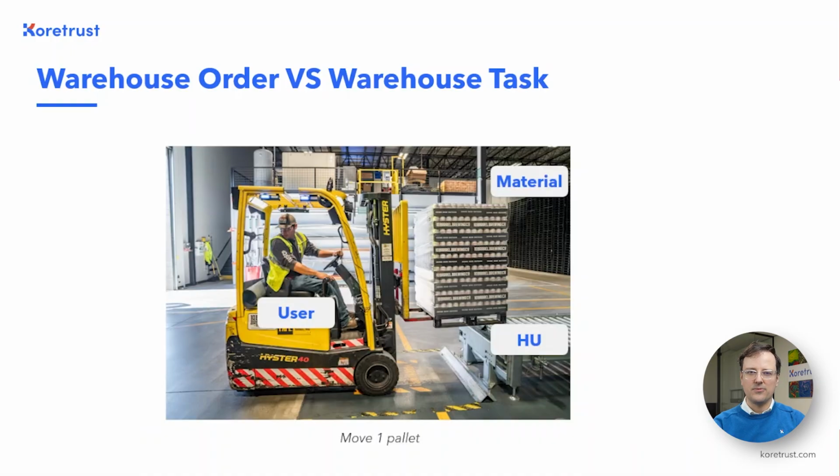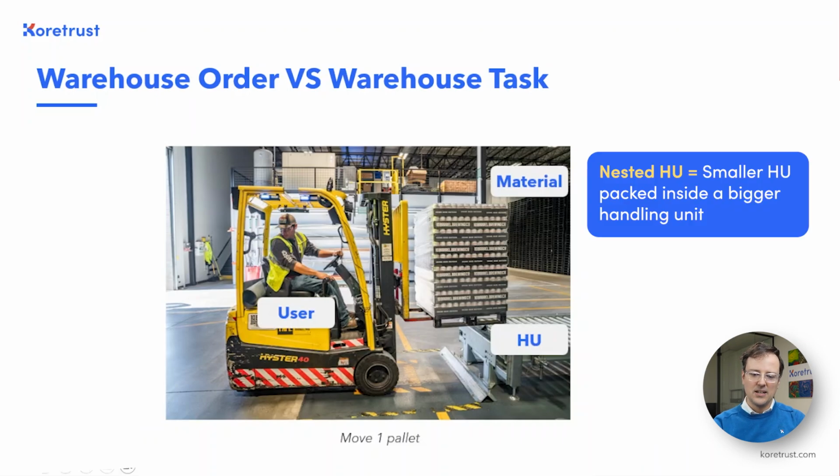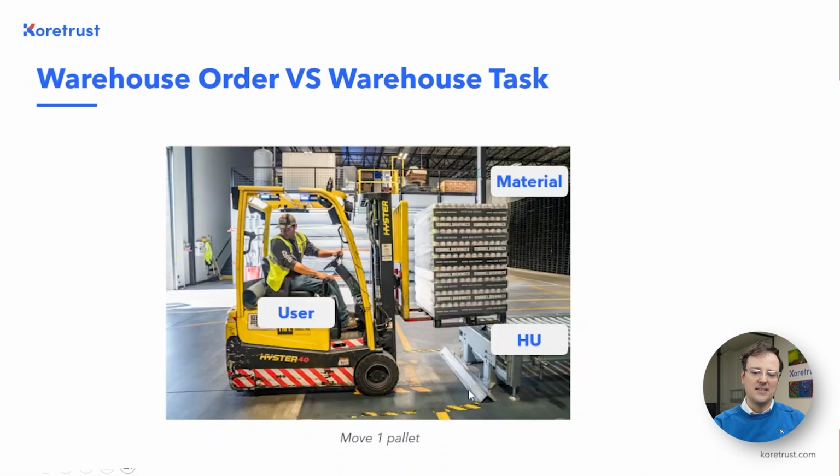But oftentimes, if you're doing pallet management, it does make sense to uniquely identify a pallet with a handling unit number so that you can just scan that pallet and move it left, right, whatever is the content of the pallet. You could also have nested handling units, which would mean that within the pallet handling unit, you have other smaller handling units, and those smaller handling units have material inside. In this case, I'm assuming it's one level handling unit for the pallet, and there's material inside.